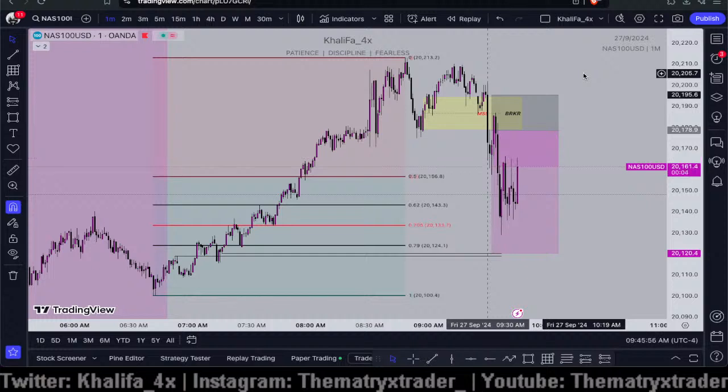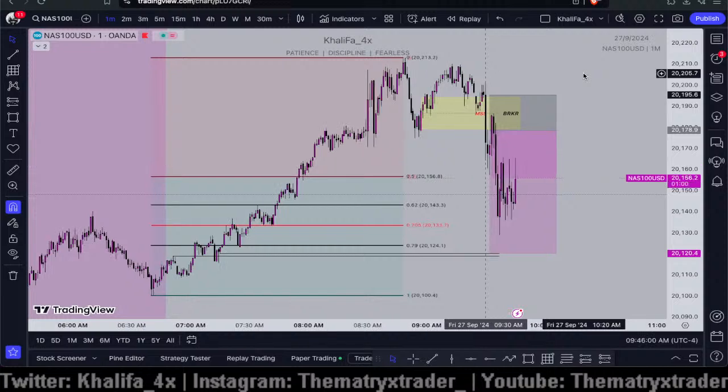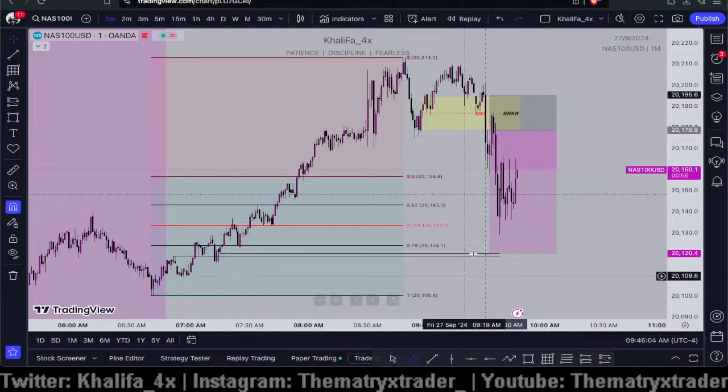Alright. Not right now, until I'm still expecting price to come till this small fair value gap.